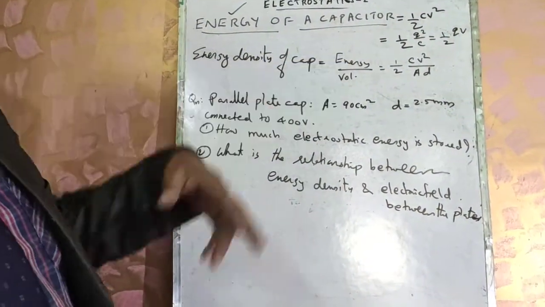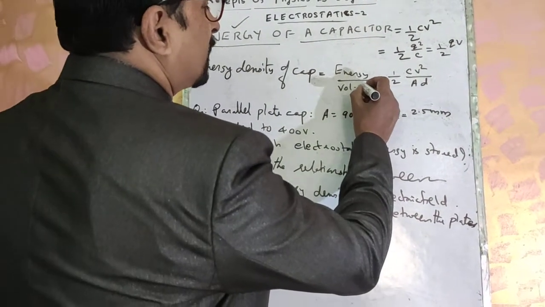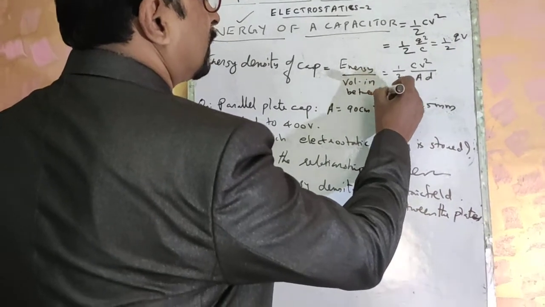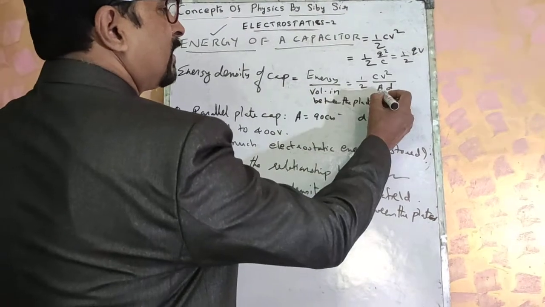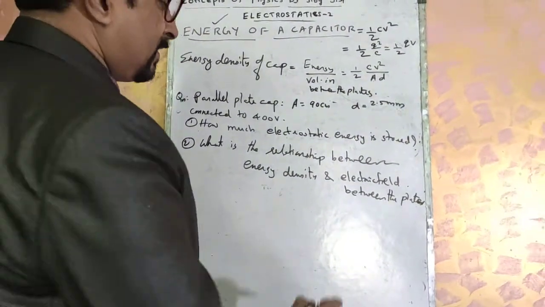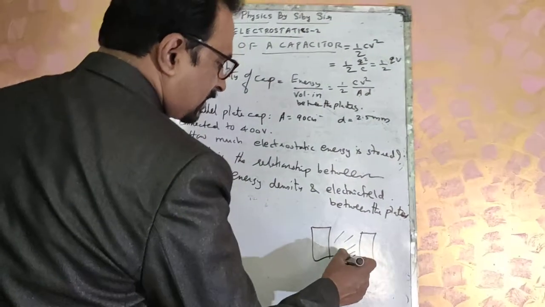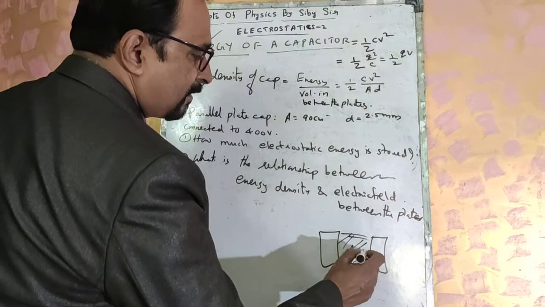That is equal to energy upon volume in between the plates. How much volume is there in between the plates? That is equal to area into distance between the plates. See, these are the 2 plates and area is A, and if you multiply with the distance, you are getting volume in between the plates.